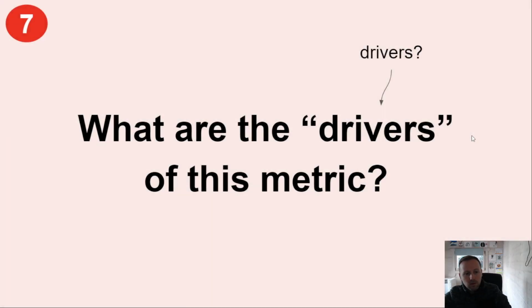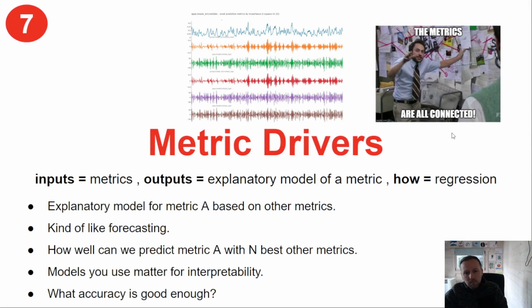Number 7 here is: what are the drivers of this metric? This is another one where we're looking at a dashboard with some time series metrics, and we're trying to understand what's driving that metric. What is it that's driving the actual line I'm looking at here? There's a way to tackle this, which is clearest from the picture in the middle here.